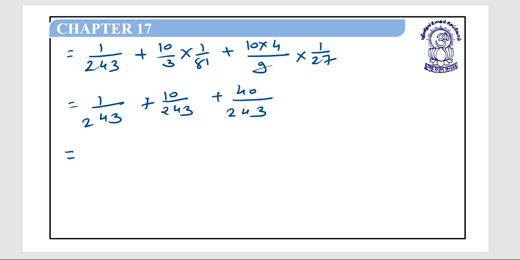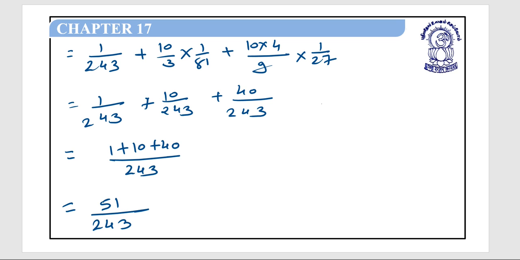One upon 243 plus 10 upon 243 plus 40 upon 243 is equal to 1 plus 10 plus 40 upon 243, 51 divided by 243 is equal to, 17 threes are 51, 3 17s are 51, 3 81s are 243.